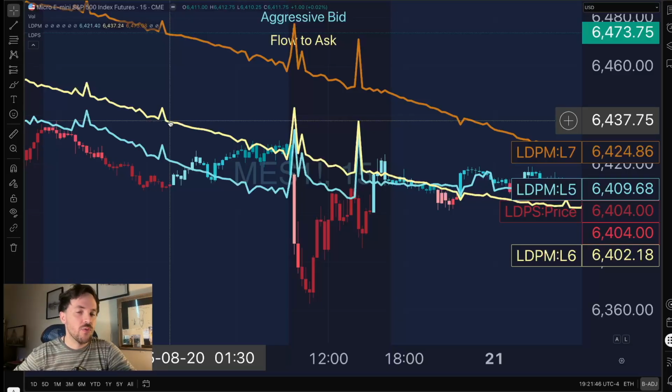And so with that, there comes this idea that when using LDPM and LDPS as liquidity measuring devices, they have insight into these lesser effective means of measuring liquidity, which isn't the case.